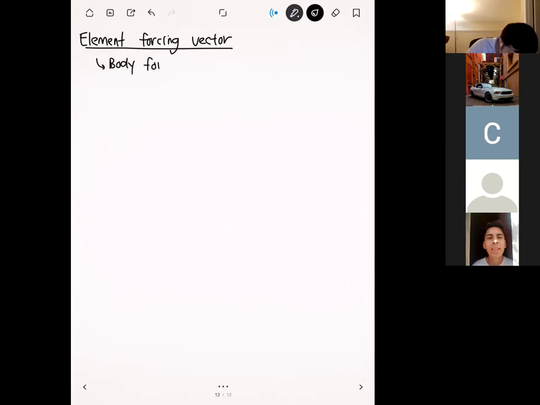And so now let's do the element forcing vector. Right. And so the element forcing vector, we're going to start with our body force term. And so this is the same as element 1. And so our body force term, we're going to integrate from 5 to 20, because that's x1 and x2, of n1, n2 times b of x, dx.